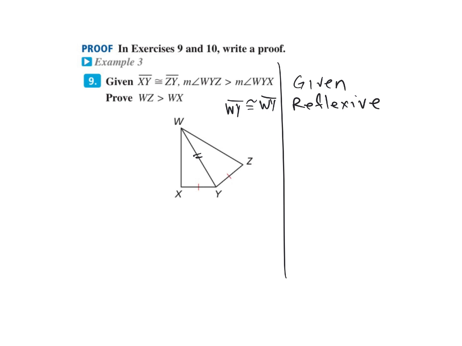So you have a degree here and a degree here, and it says that angle WYZ, this angle right here, is bigger than this other one right here. So if WYZ is bigger, then WZ must be bigger than WX, and that is the Hinge theorem.